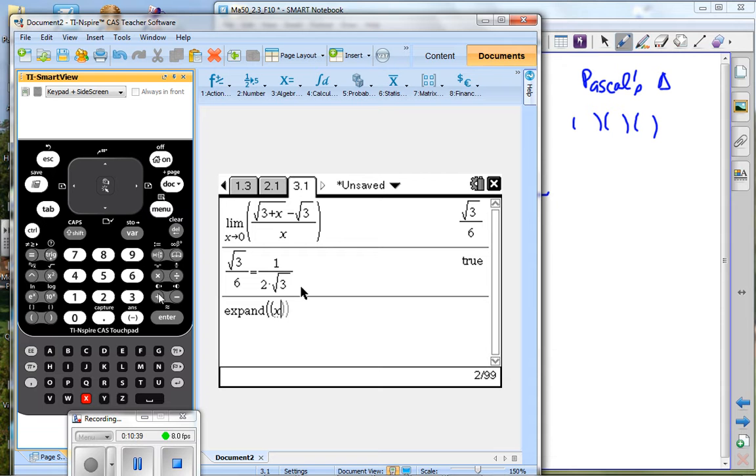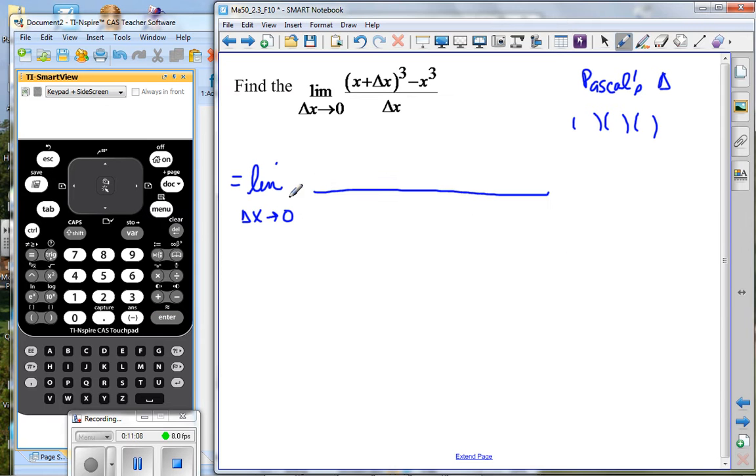So we'll say x plus y, and we're going to raise that to the third power. We have to have the set of brackets just to encase the quantity we're going to expand, and the other one is because we have a binomial. And we're going to expand that, and we have x cubed plus 3x squared delta x in our case, plus 3x delta x squared plus delta x cubed. So that's one way you can expand that.